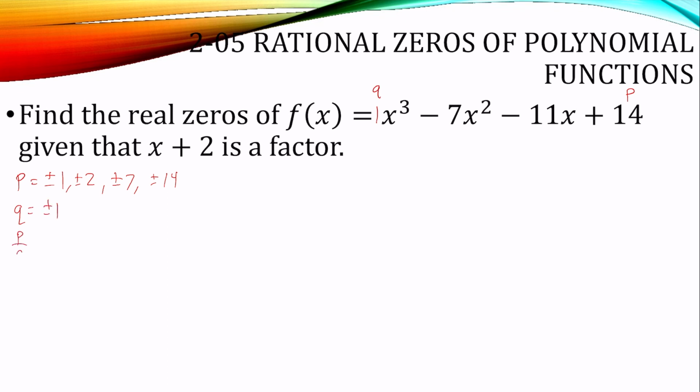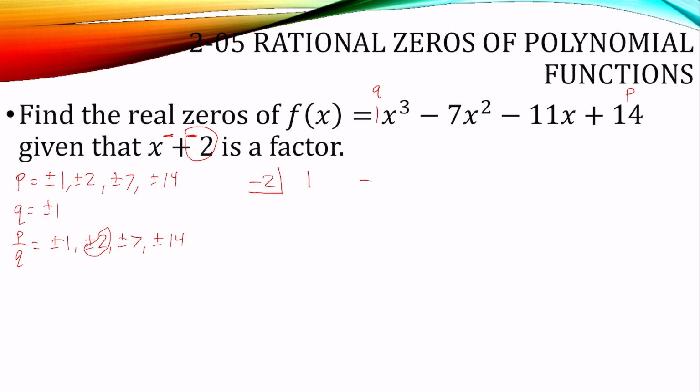So the p's over the q's are just 1 over 1, 2 over 1, 7 over 1, and 14 over 1. Now, which one of those shall we choose? Well, I told you x plus 2 is a factor, or x minus negative 2. So we'll try negative 2. Notice that is an option from my list.